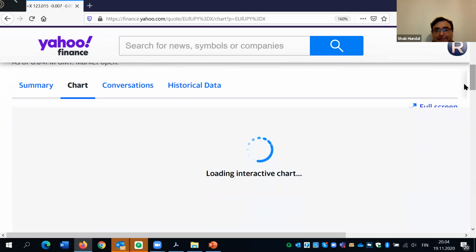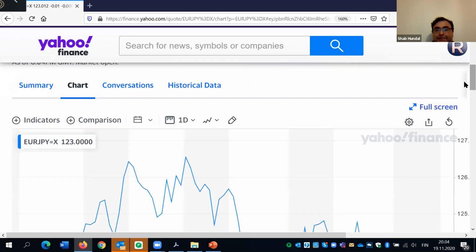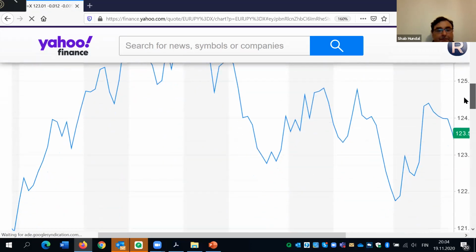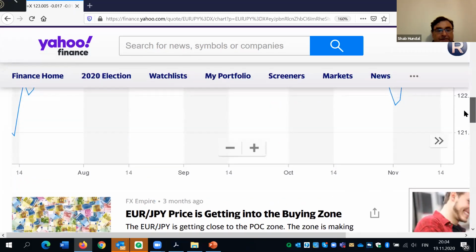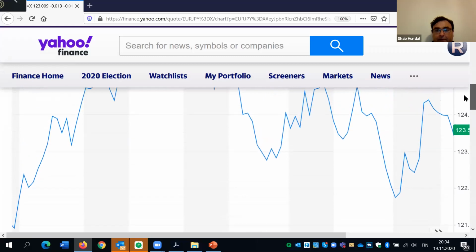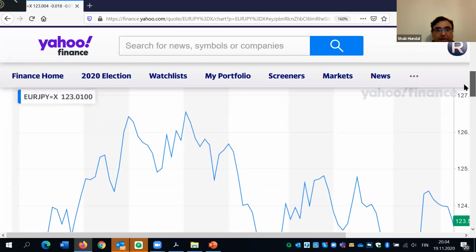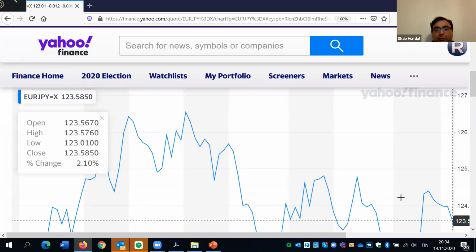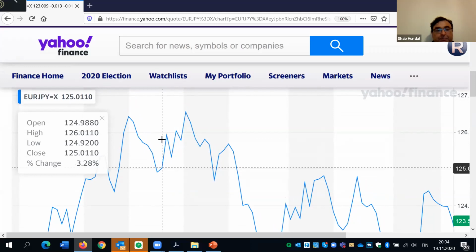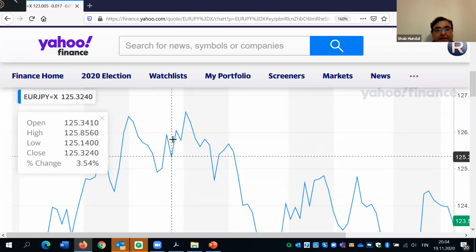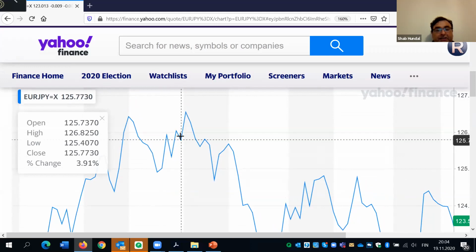It's taking big time, but here we are. So here you can see that in the last 3 months, the Japanese yen versus euro, it means if you want to buy the euro in Japan, you can see that the rate of exchange has been changing so much.